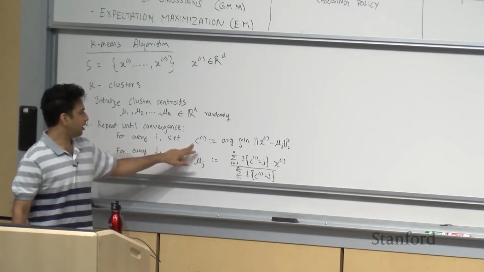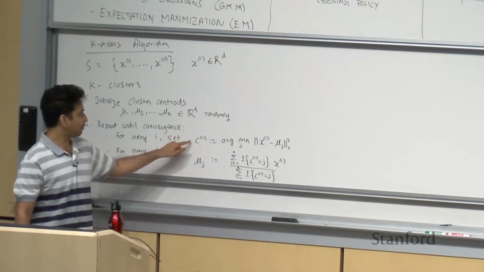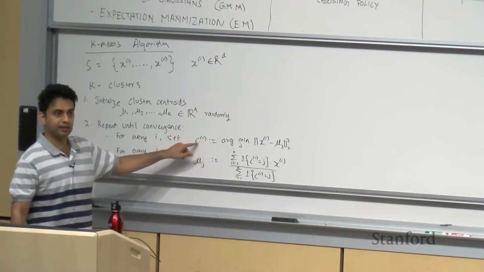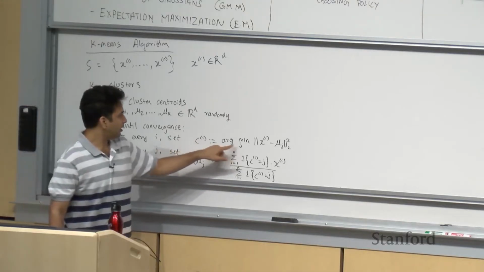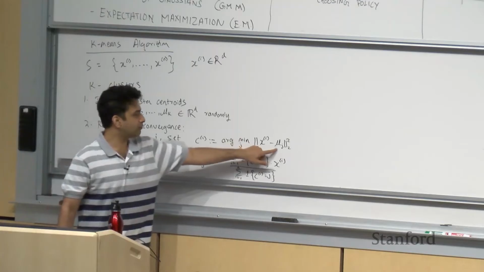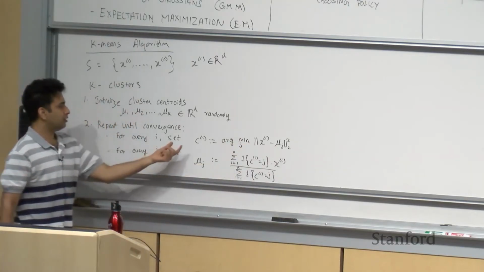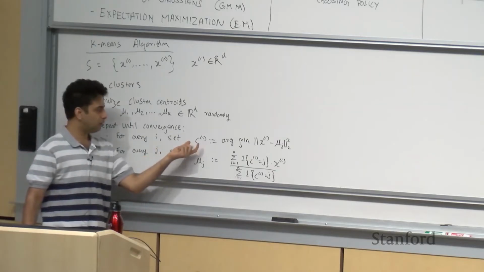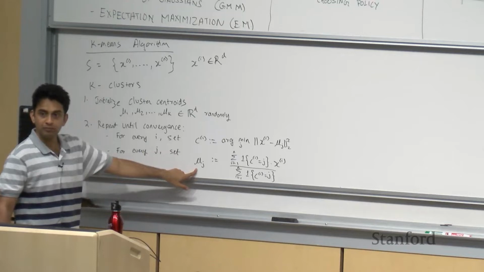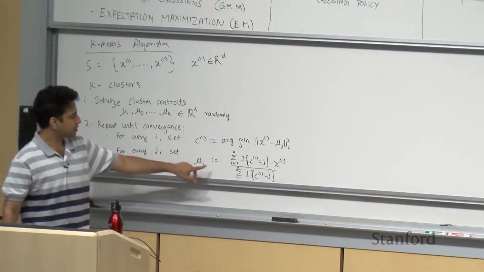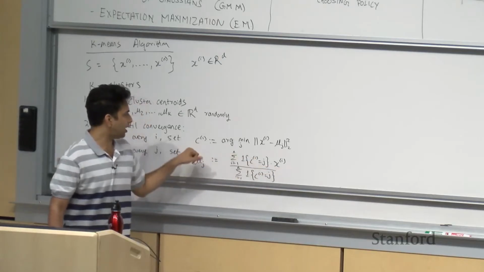You can think of C as an array of length n, where for every xi there is a corresponding Ci, and we set Ci to be the identity of the nearest mean, the argmin over j. And based on the Ci array, we then recalculate mu j as the mean of all xi's for which Ci equals j.